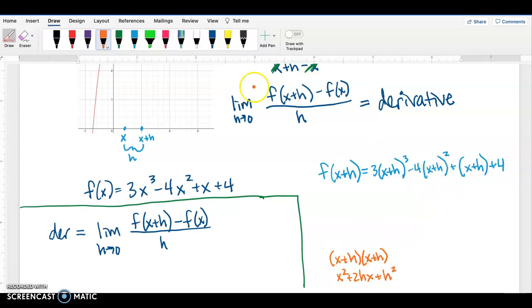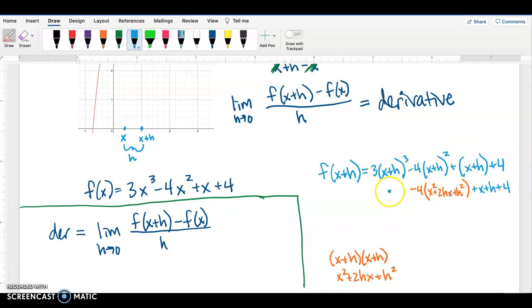So I know that that's going to go here. Minus 4 times the quantity 2hx plus h squared. I can't get rid of those parentheses yet because I have to distribute the whole thing. Okay, I don't have to do anything with this plus x plus h plus 4.